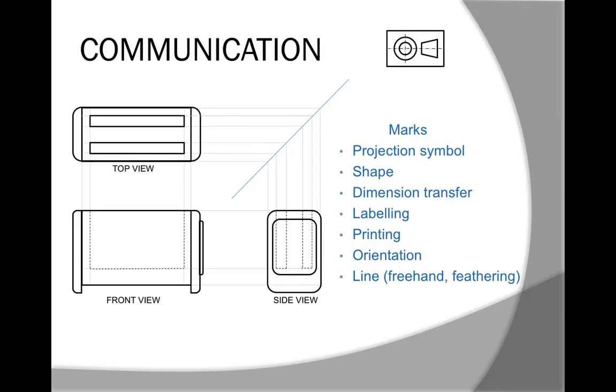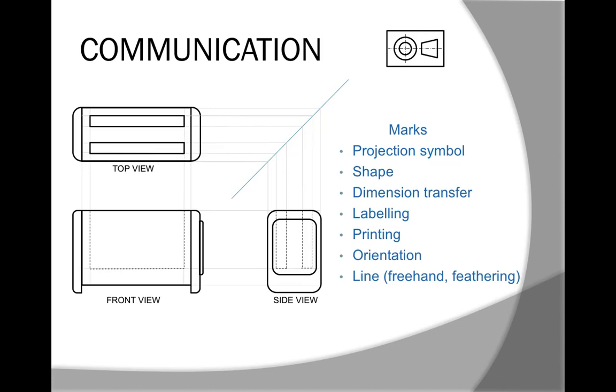Orientation. Orientation means the top view is on top. Yeah? The last one is line quality. Now, when I did this, I picked up this paper from someone else. They insisted it had to be freehand because it specifies freehand. I disagree. I think it can be ruled.